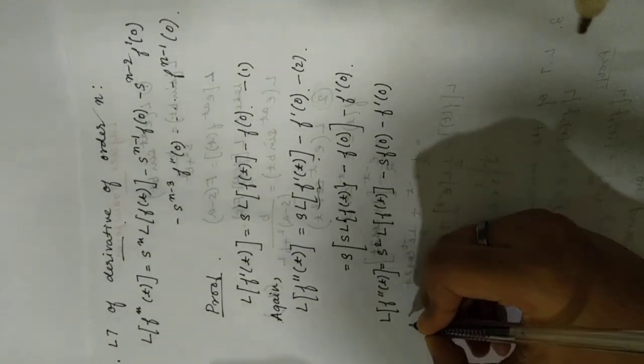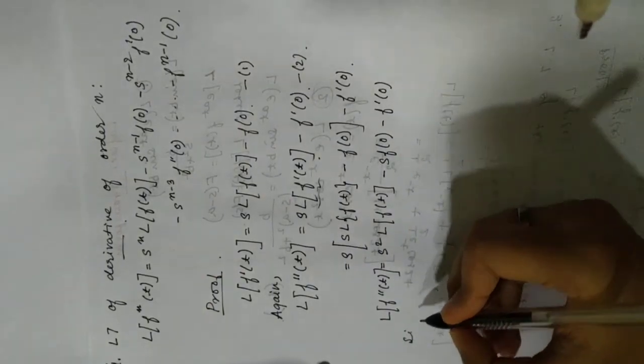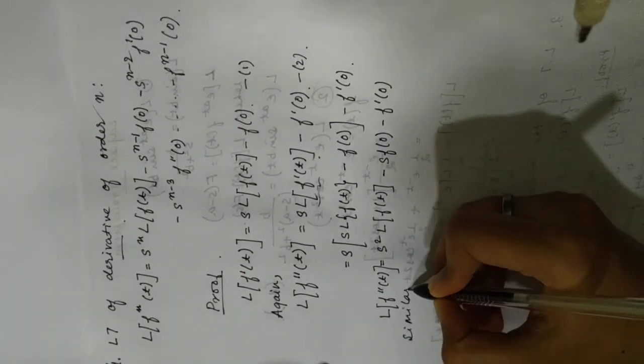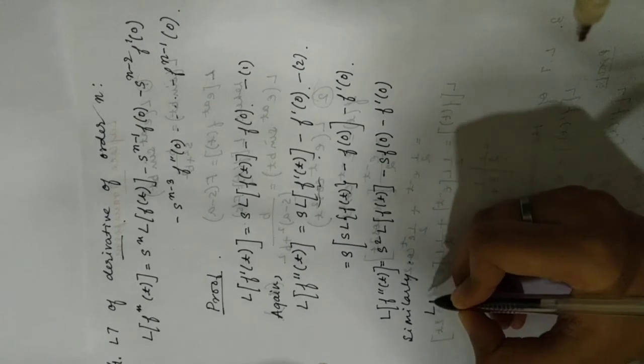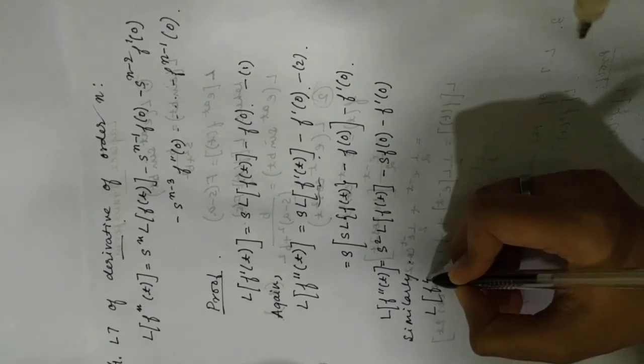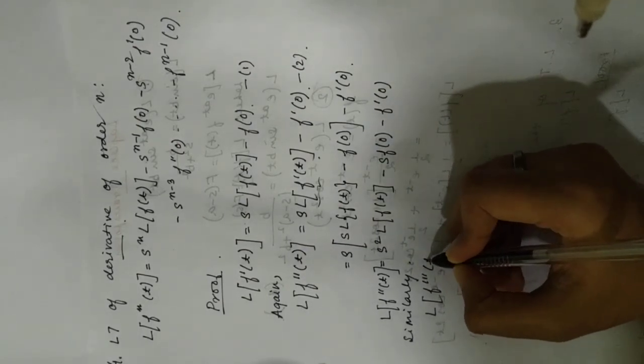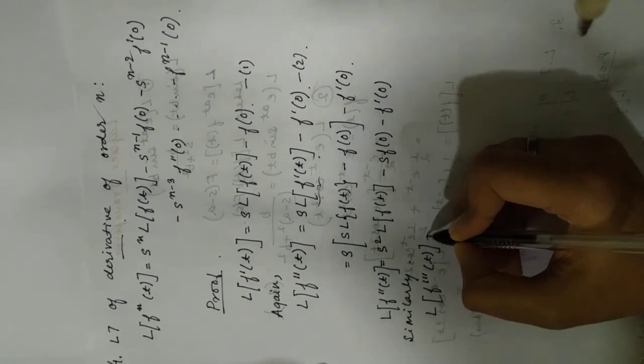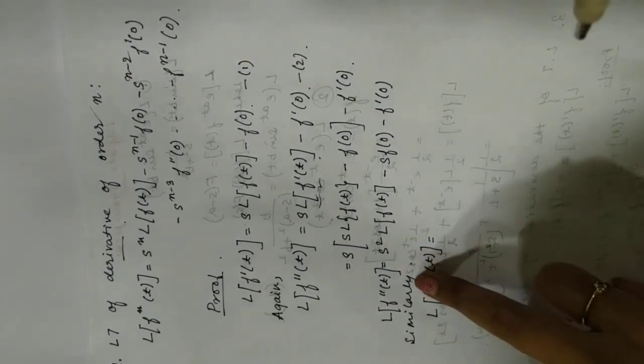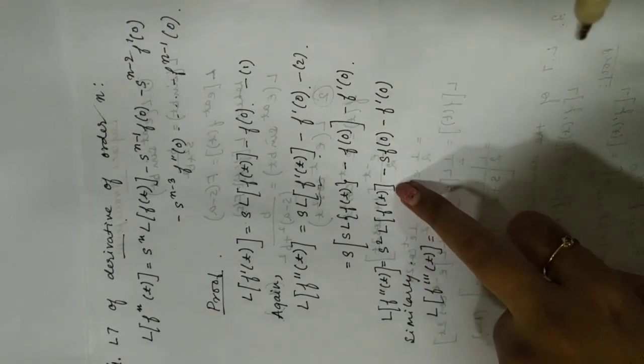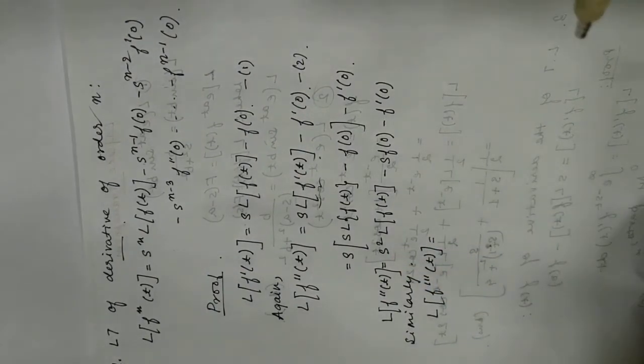So now, similarly, Laplace transform of the third derivative of the function is, now we'll just draw an analogy and we can solve it. Just by looking at this equation, you can understand what it is going to be for the third derivative, or you can solve it in this process, right?